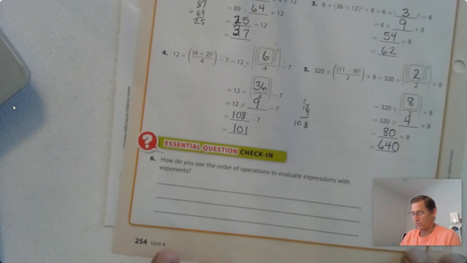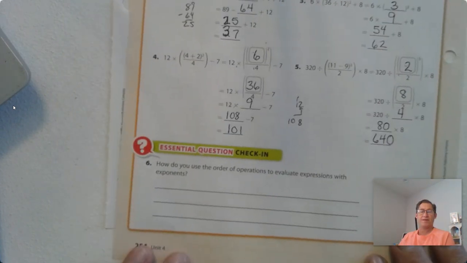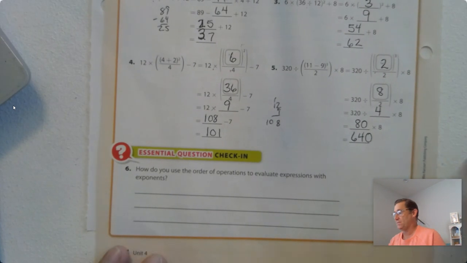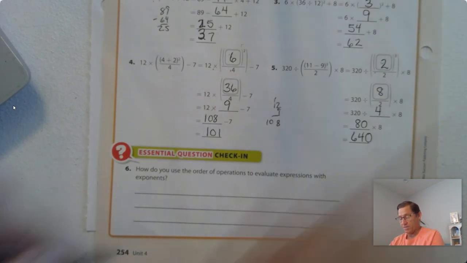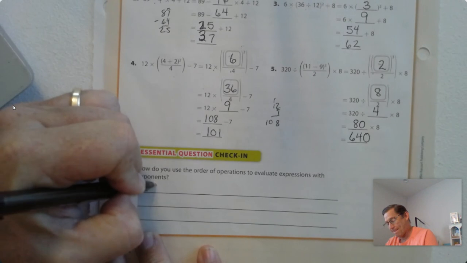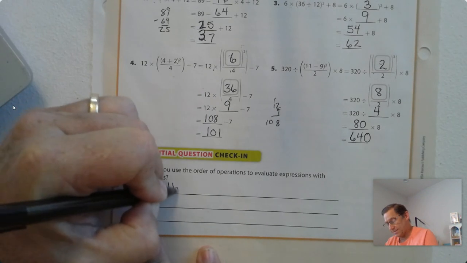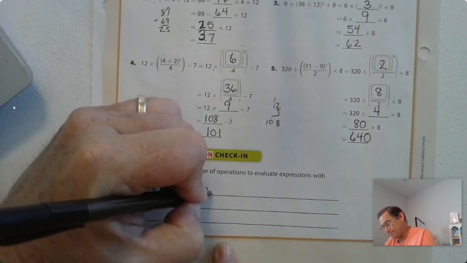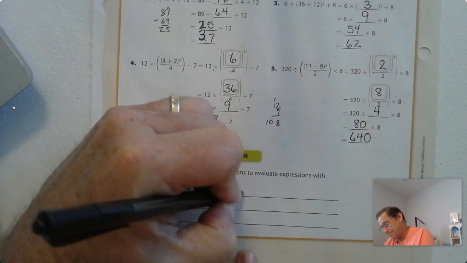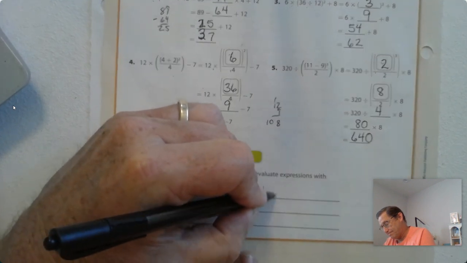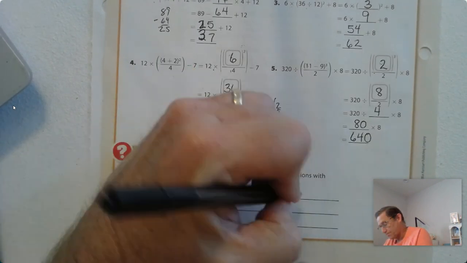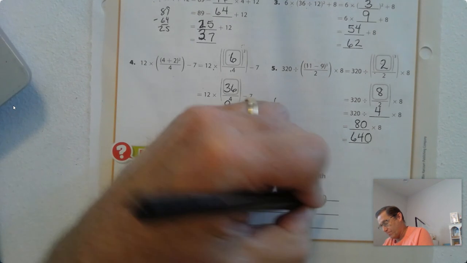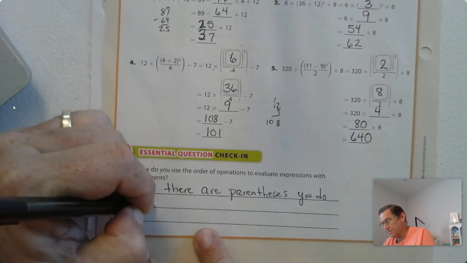All right, and number 6. How do you use the order of operations to evaluate expressions with exponents? Well, basically, we're just following the order of operations, right? So if there are parentheses, we're going to do what's inside those first.